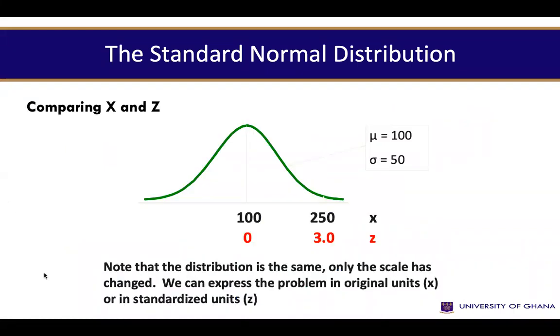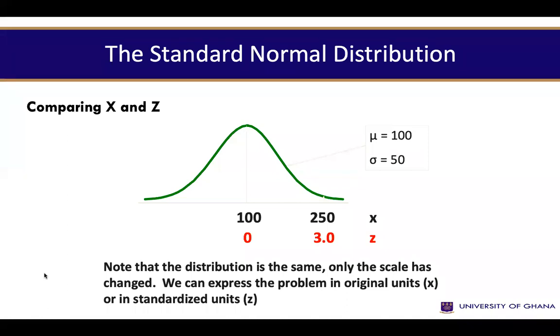So how do we compare the value of x and the value of z? Number one, both are normal distributions, but one of them is standardized. It has been recalibrated to possess a mean of 0 and a standard deviation of 1.